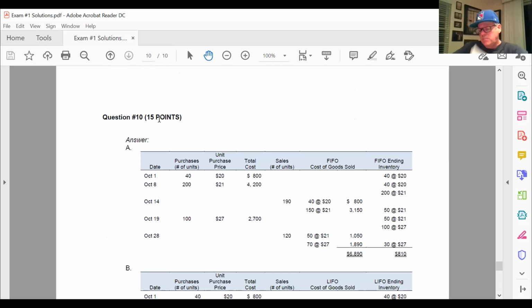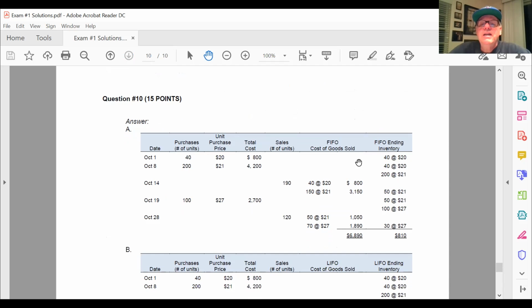And then the last one, you were given detailed information on the inventory, on the purchases of the inventory and the sale of the inventory. In part A, what would be the ending inventory and cost of goods sold under FIFO, what it would be on LIFO, how much would they save in taxes by using LIFO, and get their inventory on hand under both the LIFO and FIFO.